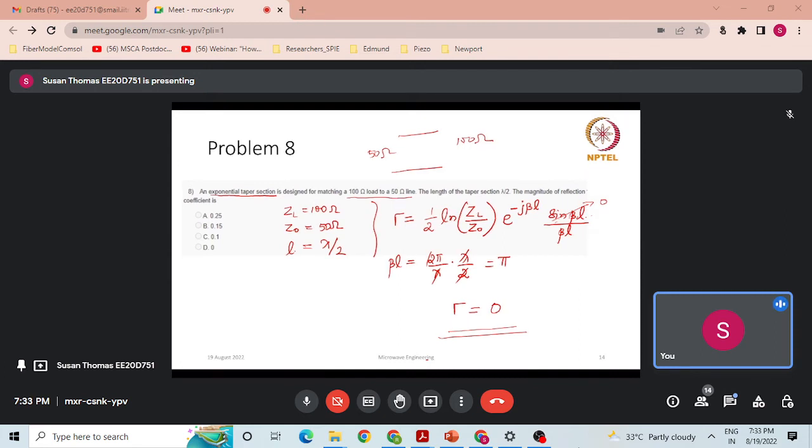So that is not introducing any kind of reflections. That is very evident and clear, but still I wanted to make a note of it. So the magnitude of the reflection coefficient is 0.